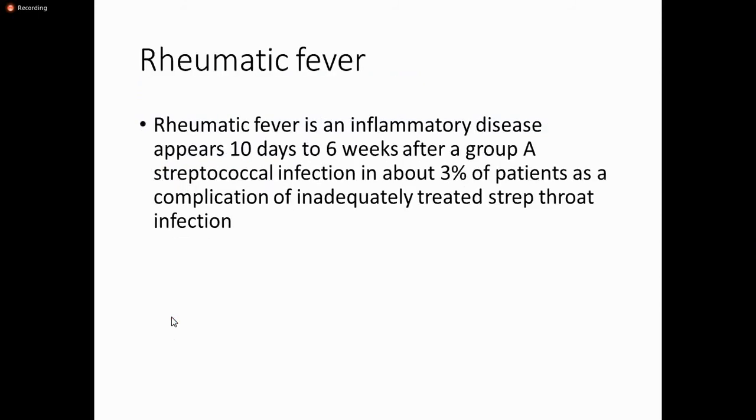Now coming to rheumatic fever. Rheumatic fever is an inflammatory disease that appears 10 to 15 days to 6 weeks after a group A streptococcal infection, in about 3% of patients, as a complication of inadequate treatment of streptococcal sore throat or throat infection.